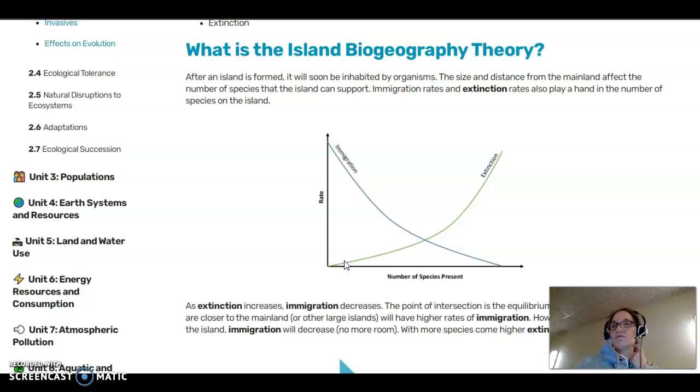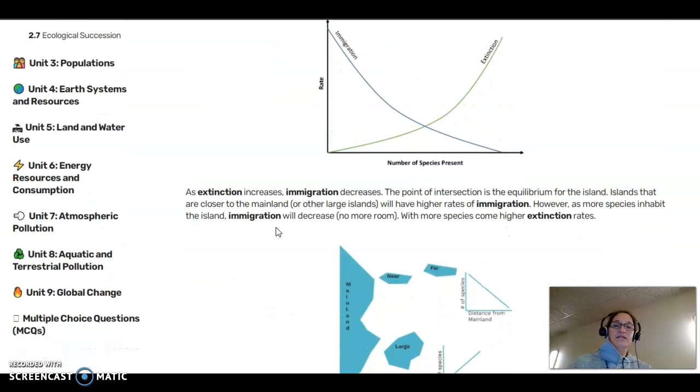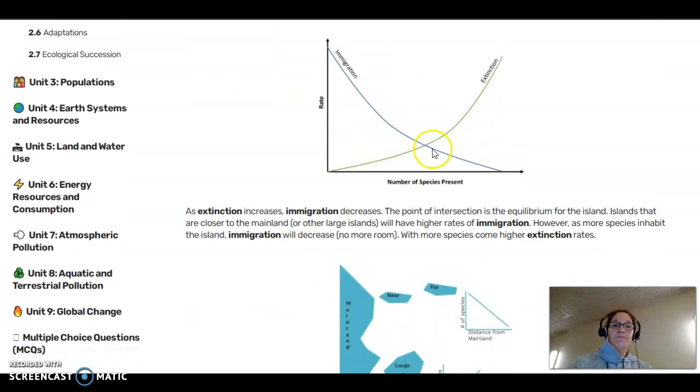The more competition there is, the less likely you're going to have more and more immigration. But as resources become less available because of the abundance in population, you're going to see an increase in extinction. I think that's an easy concept, but when you put it in a graph, I just wanted to make sure that was clear. As extinction increases and immigration decreases, the point where they intersect is the point of equilibrium.